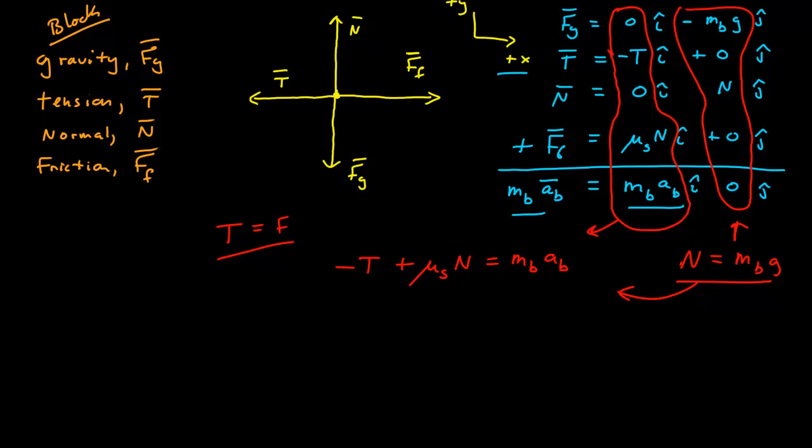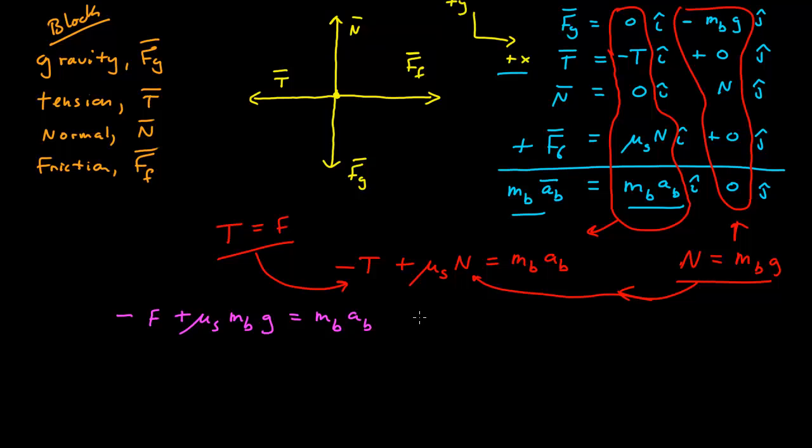So if I substitute the tension into here, the normal force into here, I get that negative F plus mu sub s, mass of the block, times g is equal to mass of the block times acceleration of the block.